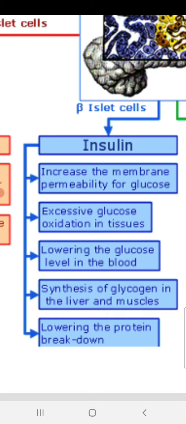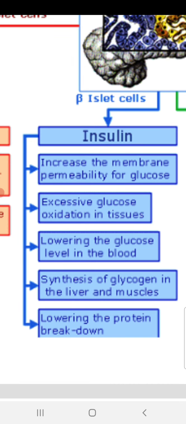Glycogenesis is the function done by insulin, and it increases the membrane permeability for glucose. It also performs the oxidation of excess glucose in tissues, synthesis of glycogen in the liver and muscles, and lowering the protein breakdown.